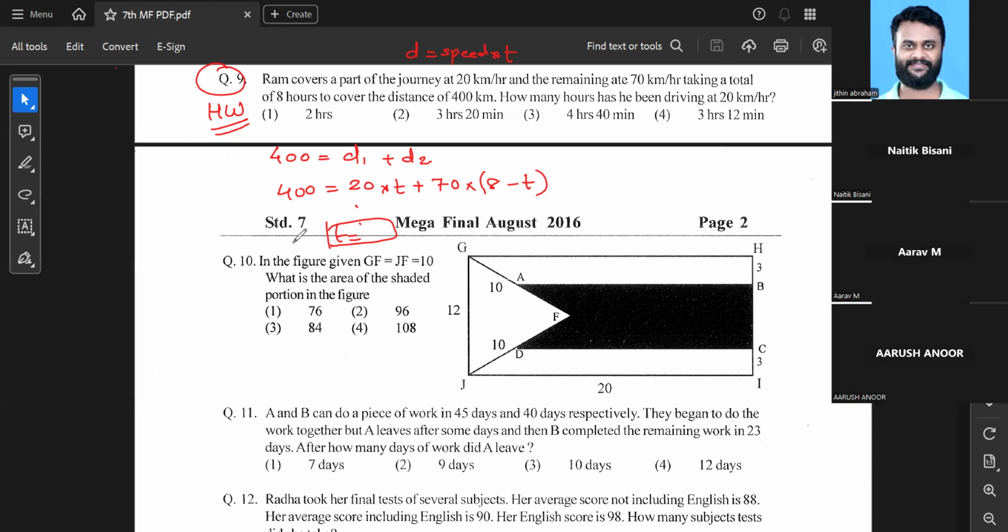Excuse me, sir. Yep. Sir, can we do the ninth sum by trial and error method? Yeah, trial and error works for almost all the problems. It's okay, you can try, not a problem. Whichever suits you better, go for that.